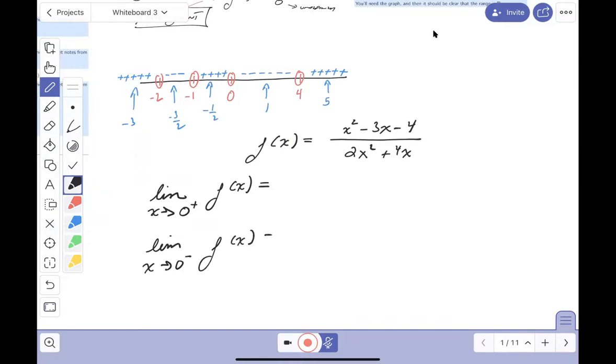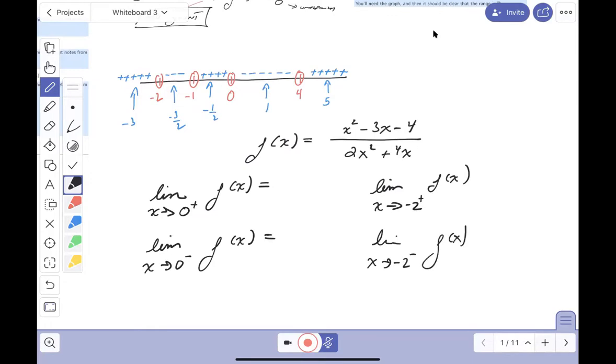We'll look at the answer key later. I'm sorry, I don't want to do 0 again. That'd be crazy. What's the other number we're worried about? -2. The limit as x goes to -2 from the right, and the limit as x goes to -2 from the left.